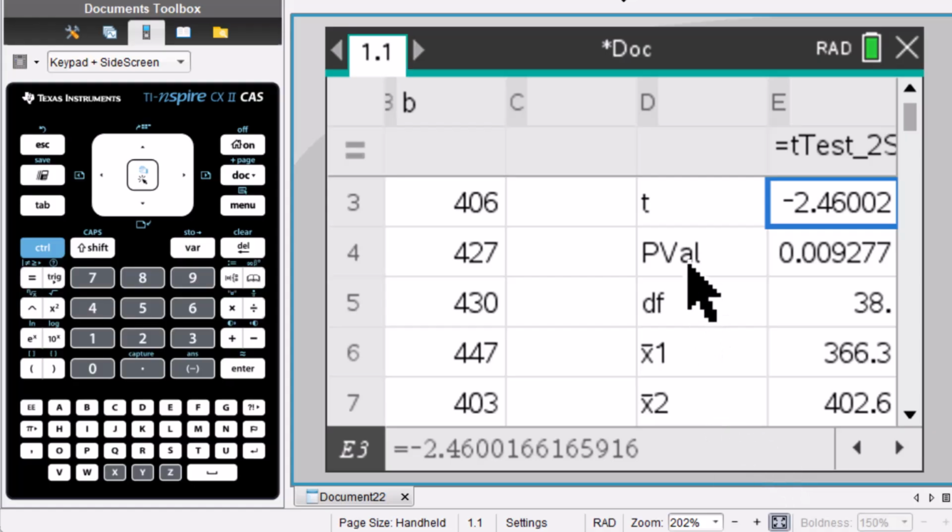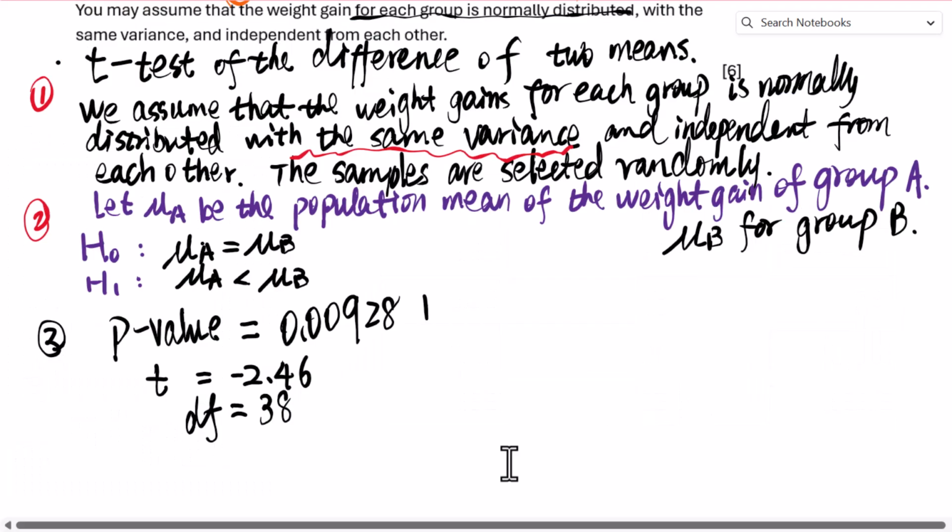Okay. So we got this t equals negative 2.46, p-value equals 0.00928, degree of freedom equals 38. Then we can draw the conclusion.